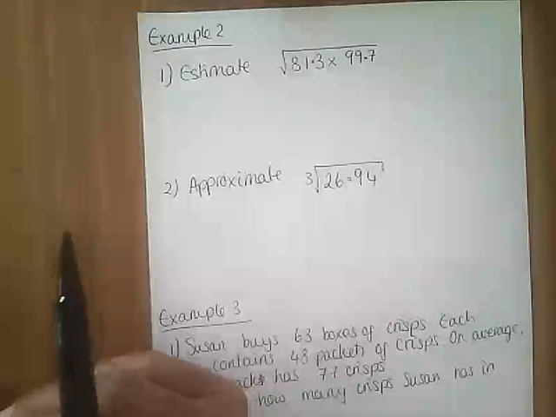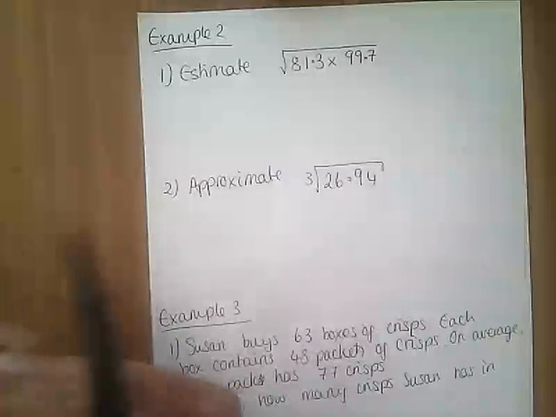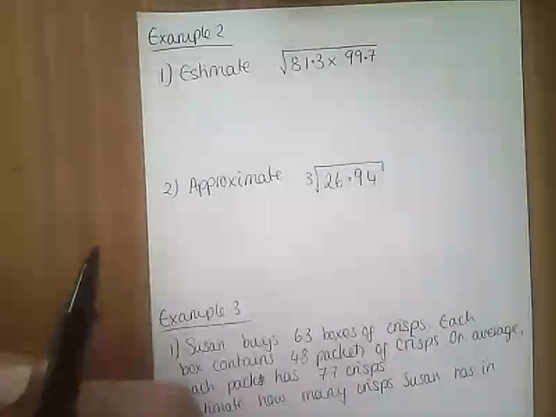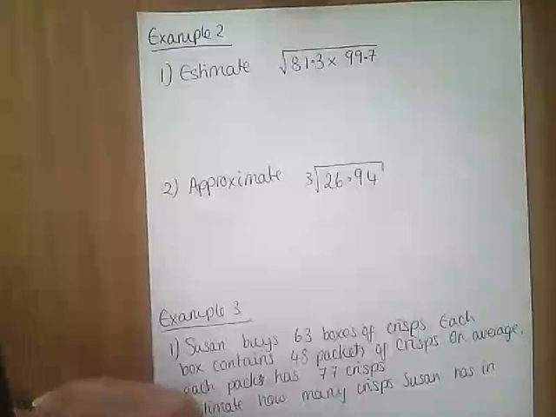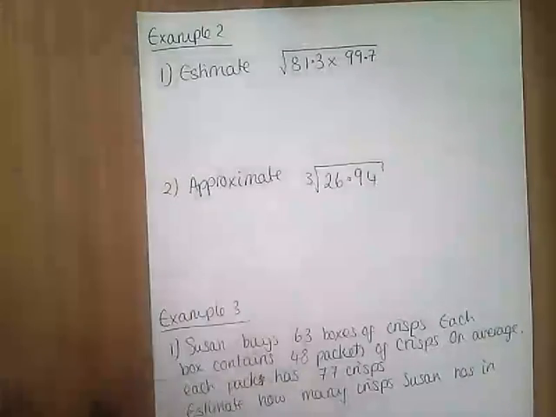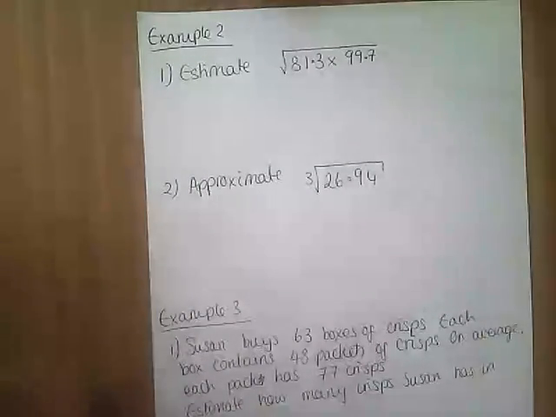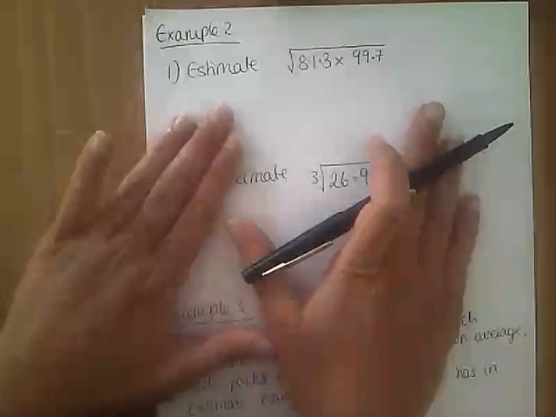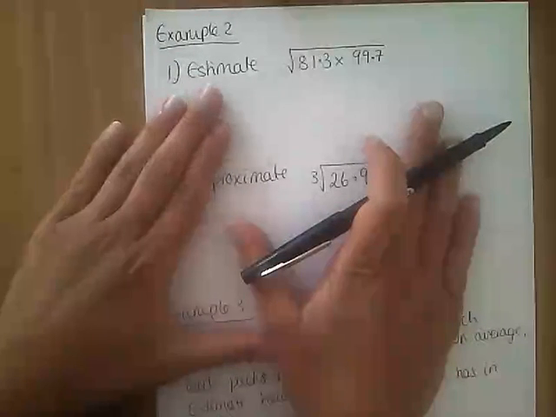However, if it then doesn't really work, you don't have to round to one significant figure. Now that's quite tricky for me to say because obviously you like a rule that works every single time. And I would say 90% of the time we round everything to one significant figure. However, if we had this sort of question, we might choose not to.